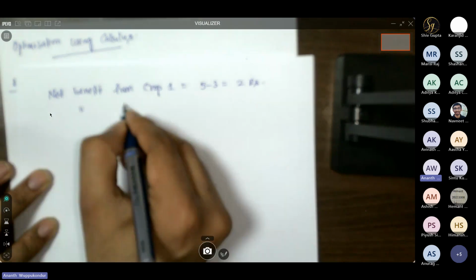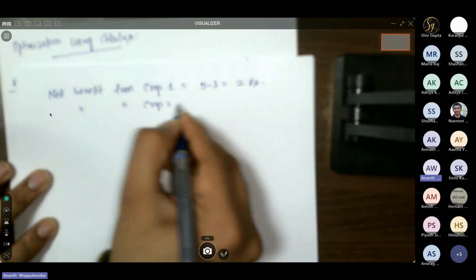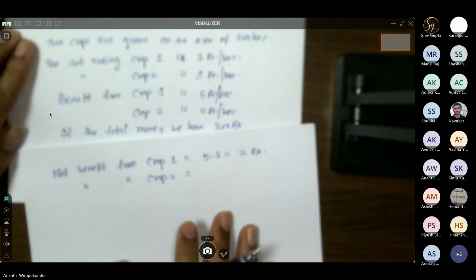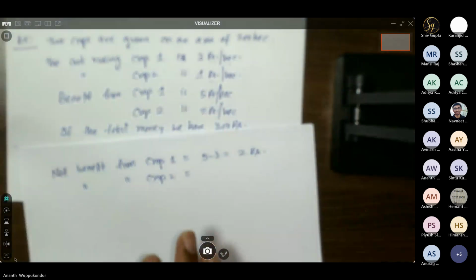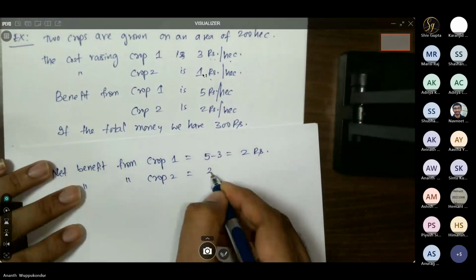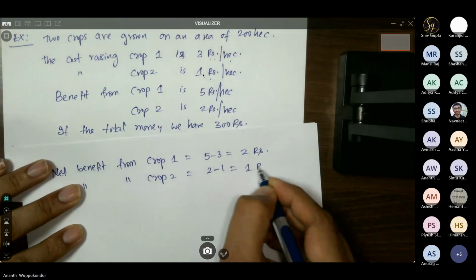And the net benefit from crop 2 is 2 minus 1, so that is 1 rupee.